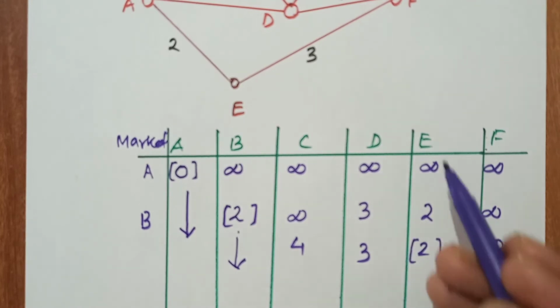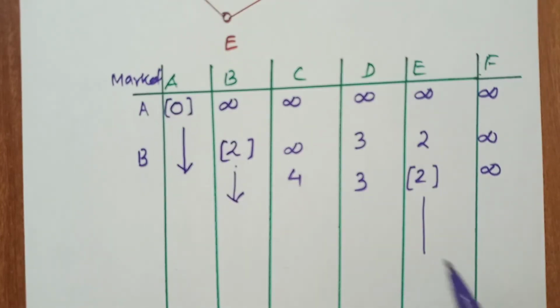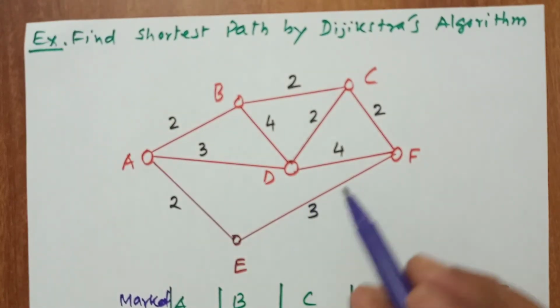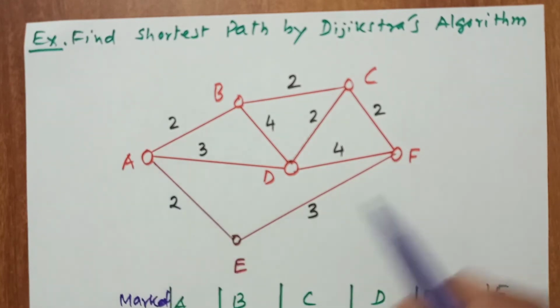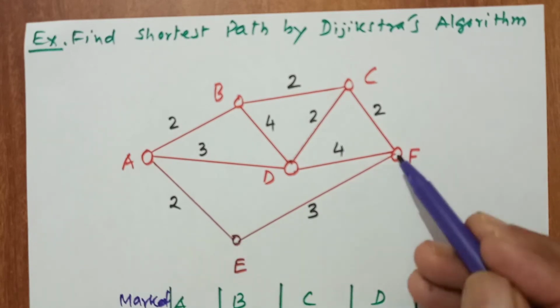For which vertex? E. So you concentrate on E. Where is E? E is here. How many vertices are directly connected to E? Here A and F. Since A is marked, no need to touch A. Only we will see F.